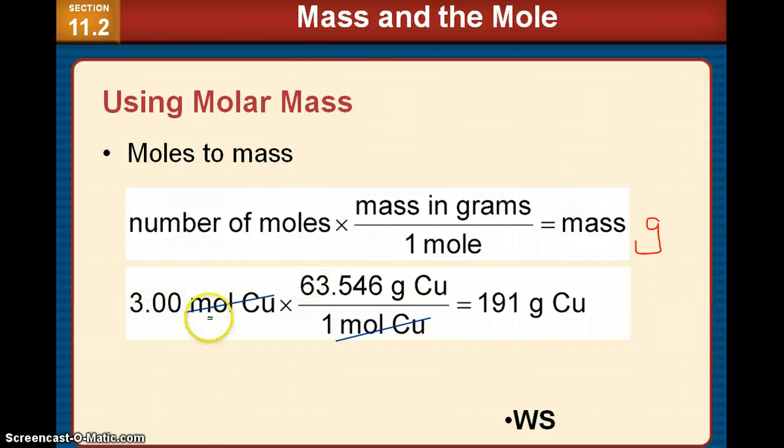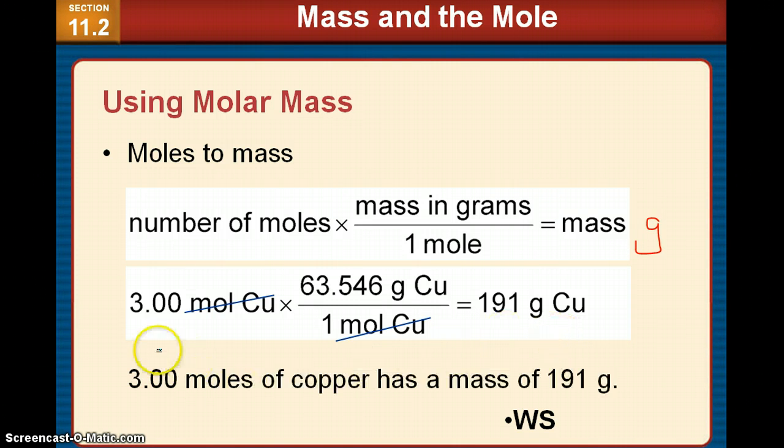So for example, if I have 3 moles of copper, I look up the molar mass on the periodic table for copper, and I find that it says that there are 63.546 grams of copper in every 1 mole. So if I multiply those, I end up with 191 grams of copper. So 3 moles of copper has a mass of 191 grams.